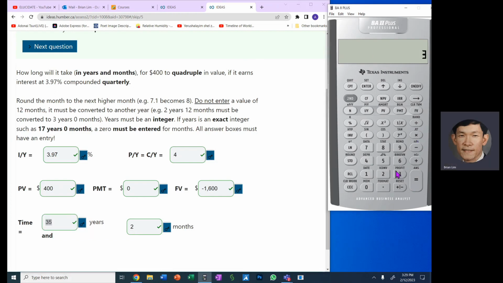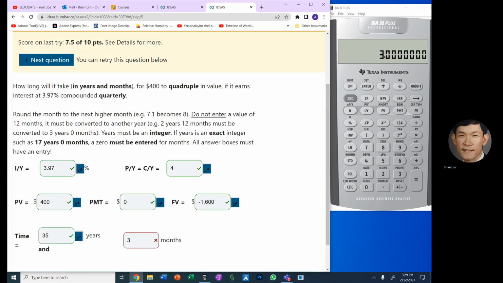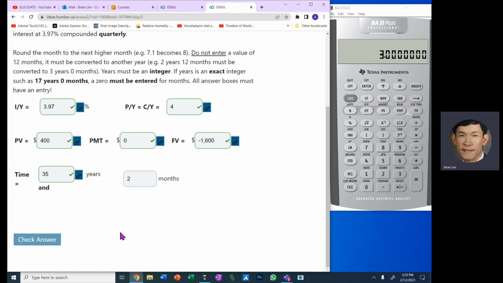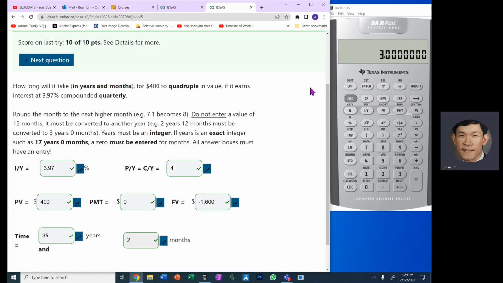If we subtract the 35, we have 0.25, we multiply that by 12, and we get an answer of 3. Now let's say we put in the 3, what happens? The answer comes out to be incorrect, which is not what we want. So we will have to change that back to 2, and therefore we get the correct answer. So we should not round the number of years and months in this case. You're not told to round the answer, so it should not be done.